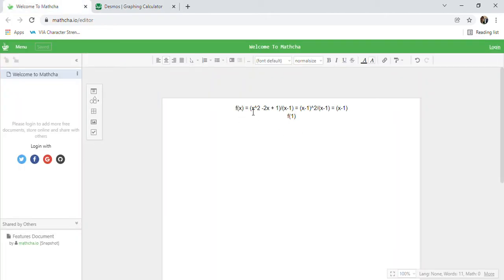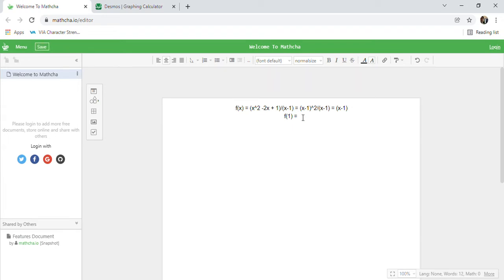However, if you take it as the original function, if you look at the first expression, then this doesn't make sense, because you have x minus 1 and x is 1, so you're dividing by 0, and dividing by 0 is not allowed.